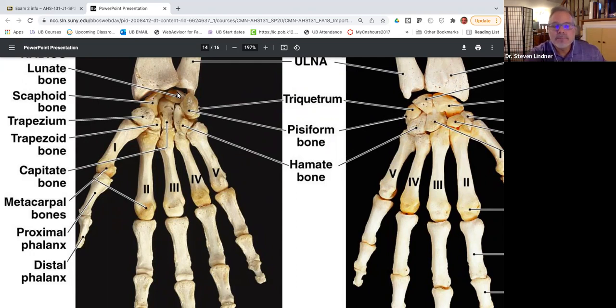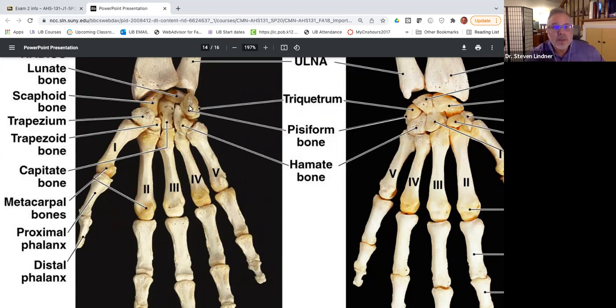The lunate, this is the bone that subluxates or dislocates the most. And when it does, it can put pressure on the median nerve. And when the median nerve gets compressed, they call it carpal tunnel syndrome. You've heard of carpal tunnel syndrome before. So these carpal bones make up the floor of the carpal tunnel.